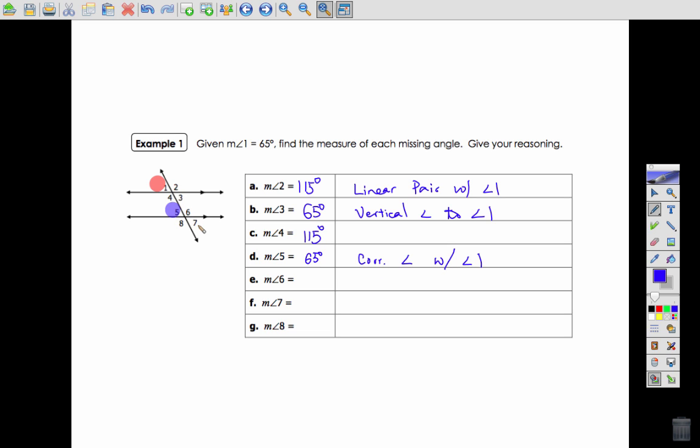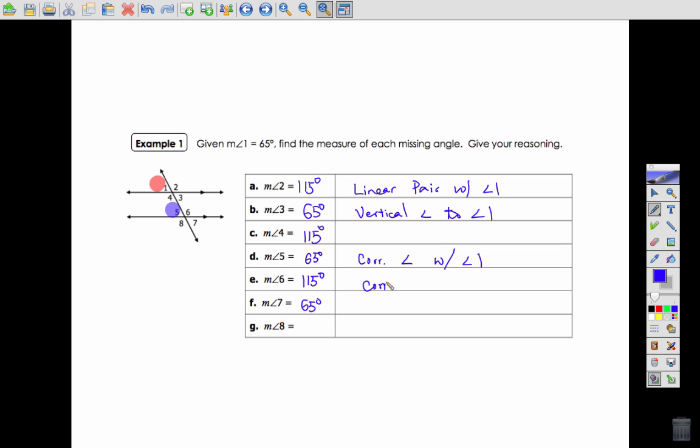Angle 5 is 65, so angle 7 must be 65 again because they are vertical angles. And then 5 and 6 are a linear pair, or another way to look at it is that 2 and 6 are corresponding angles, so they must be congruent.